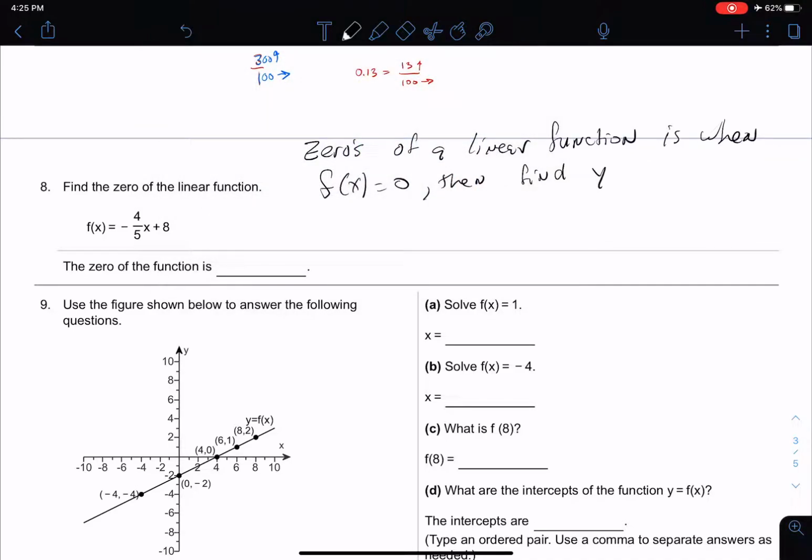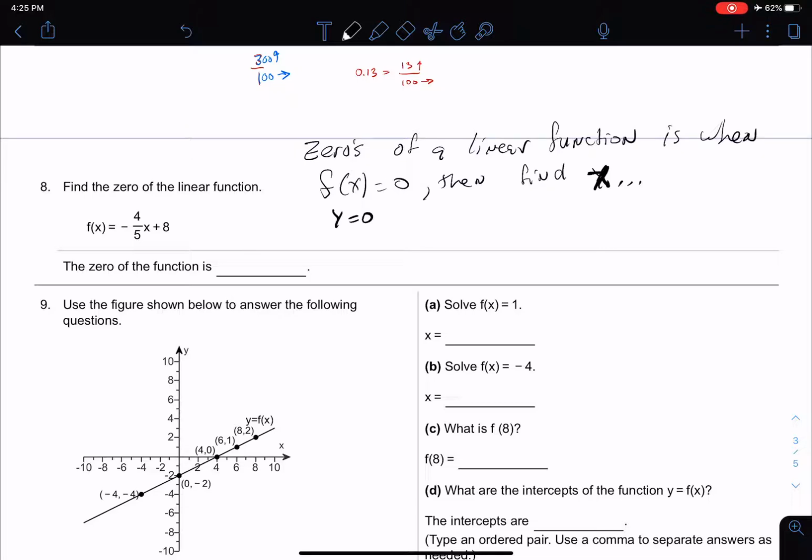Zero of a linear function is when f of x equals 0. And remember, you could also say when y equals 0, then find x.